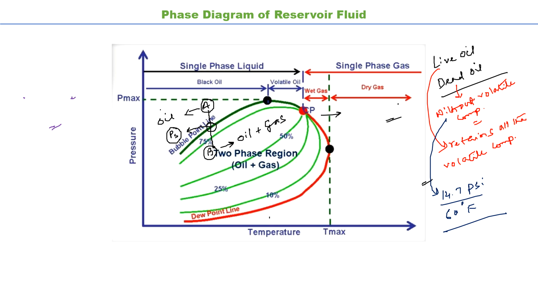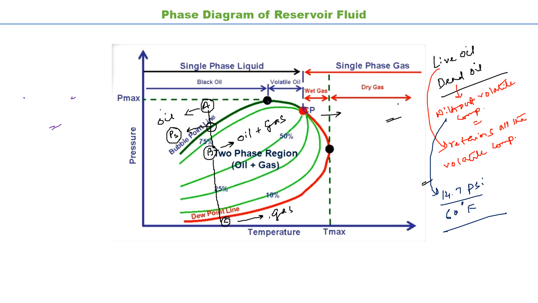So from the liquid phase we reach the two-phase region. Now we further reduce the pressure and we come to point C. Finally it will produce the whole gas, because we are crossing the dew point line.